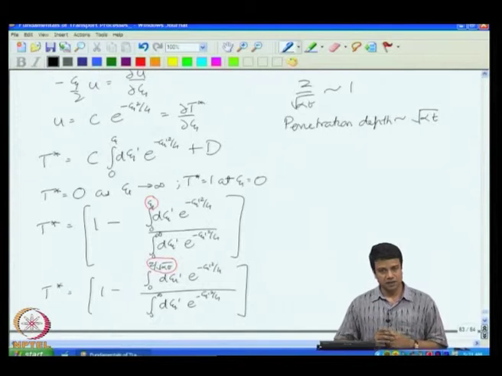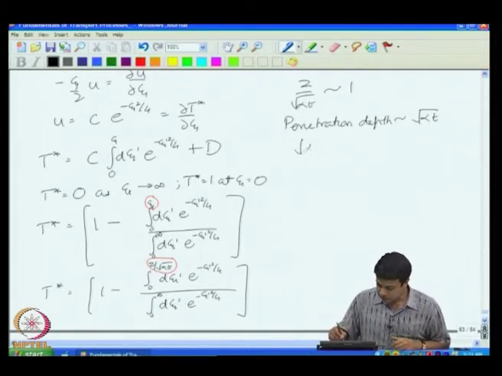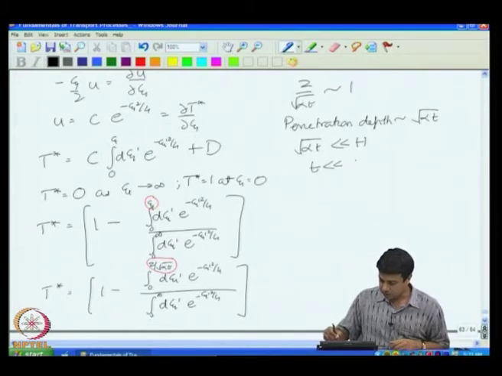The next question: what did we mean initially when we said that the time is small enough that the penetration depth is small compared to the total height? The penetration depth is small compared to the total height only when square root of alpha t is small compared to the height h, or when t is small compared to h square by alpha.